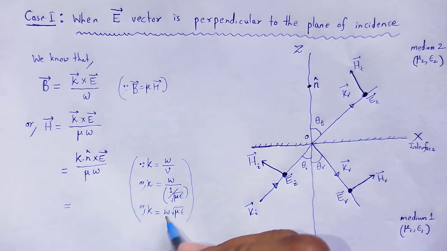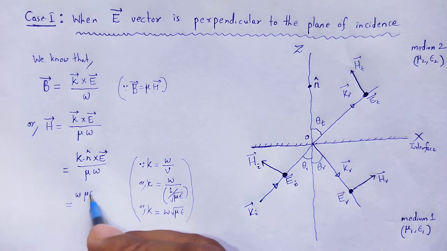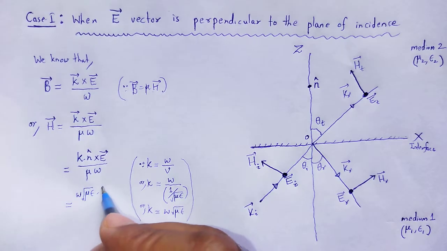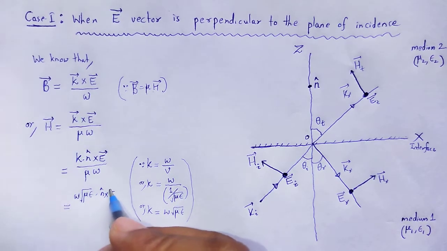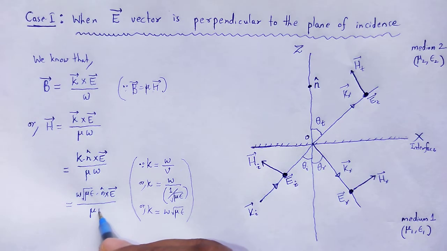In place of K we write omega under root of mu epsilon into n cap cross E vector divided by mu omega.